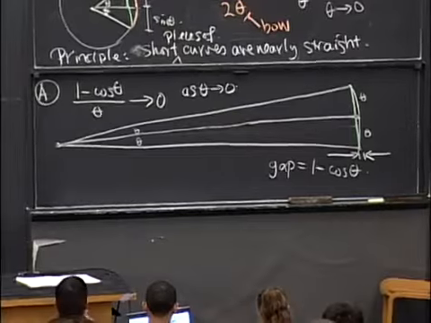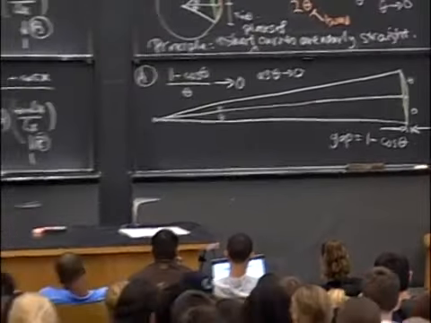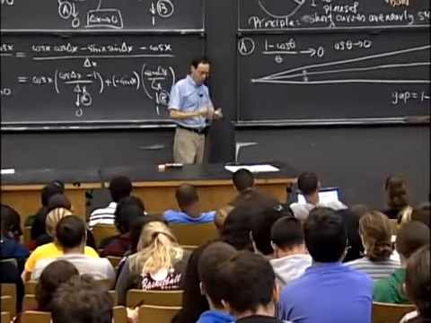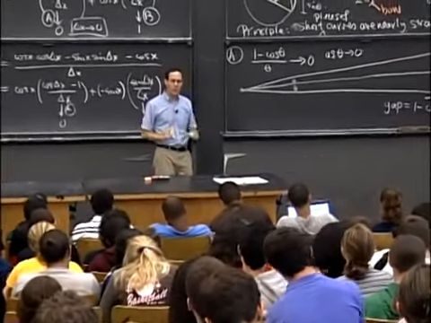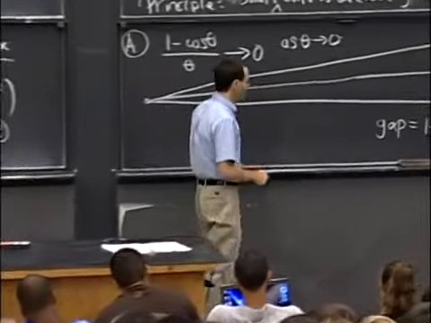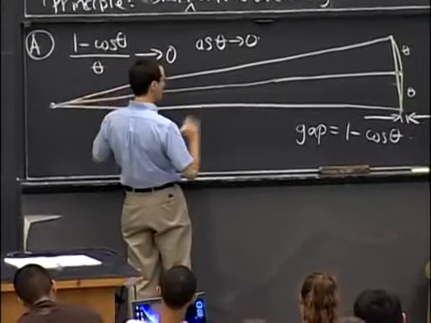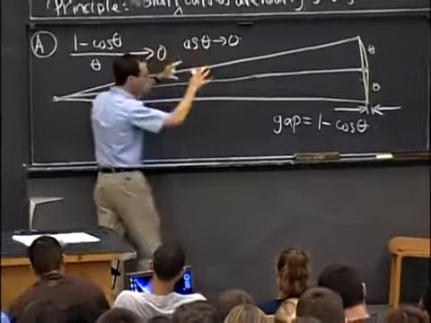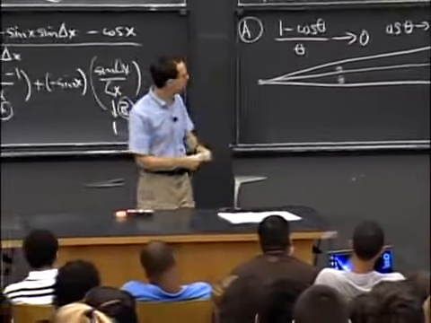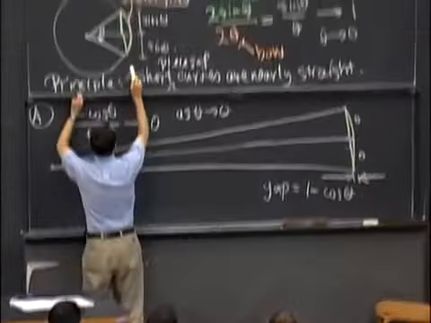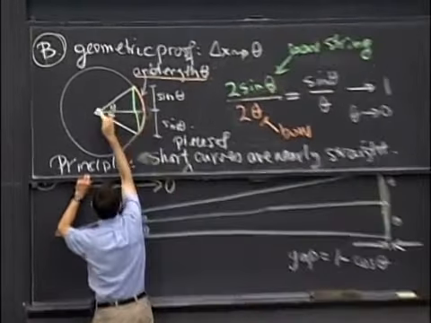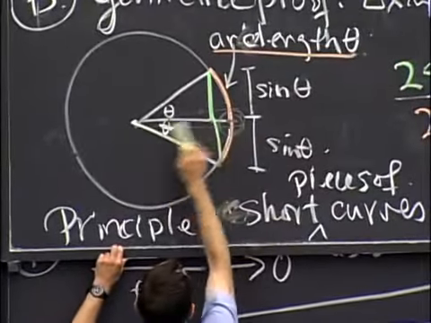Yeah, question down here. The denominator also tends to 0, though? The question is, doesn't the denominator also tend to 0? And the answer is yes. In my strange analogy here with zooming in, what I did was I zoomed out the picture. So in other words, if you imagine you're taking this and you're putting it under a microscope over here, and you're looking at something where theta is getting smaller and smaller.